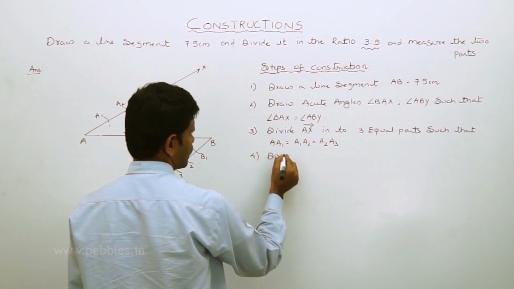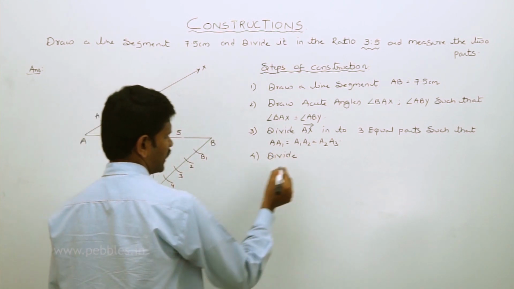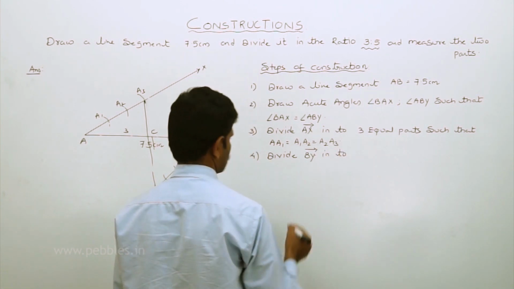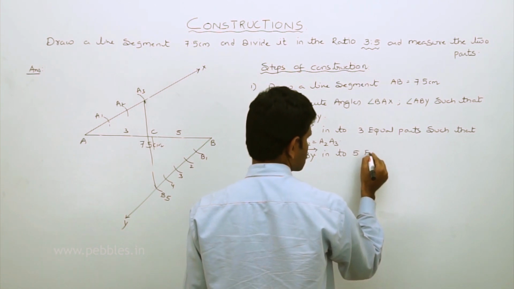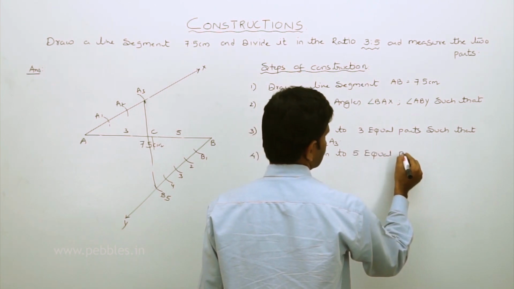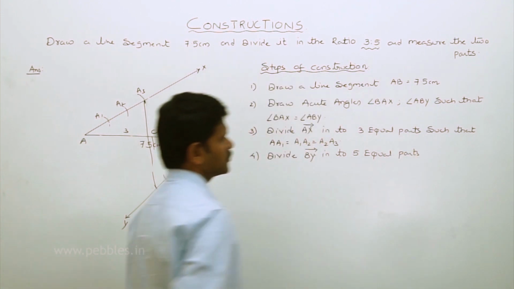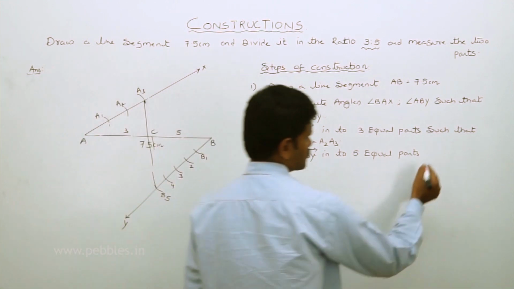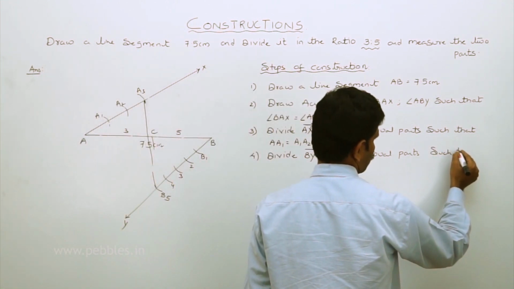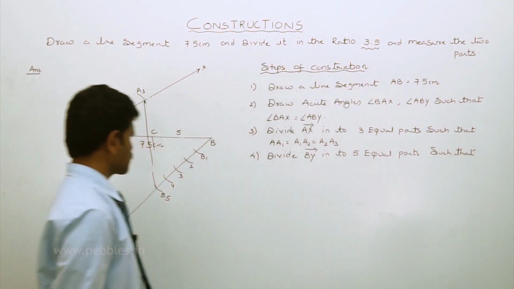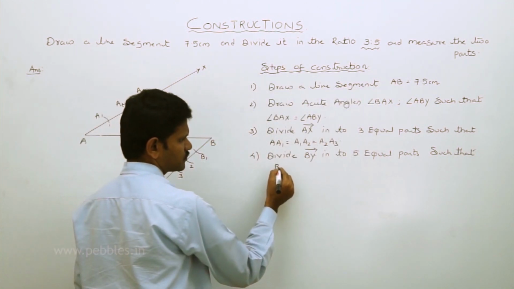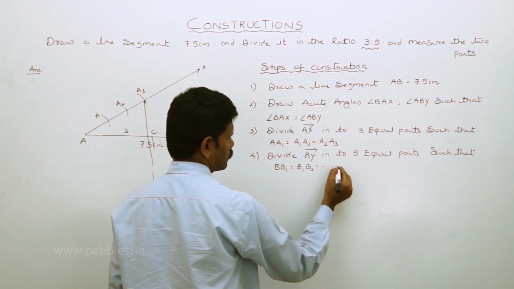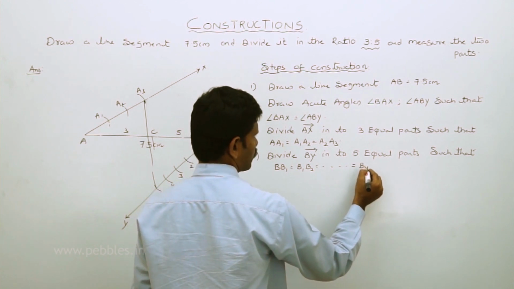Next, divide BY into 5 equal parts such that BB1 is equal to B1B2 is equal to and so on B4B5.